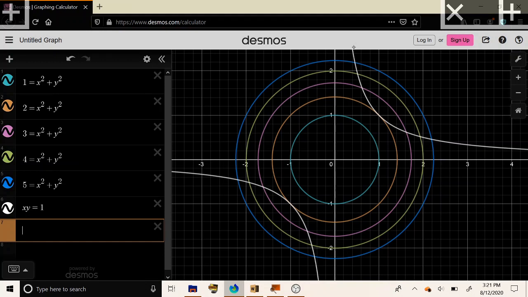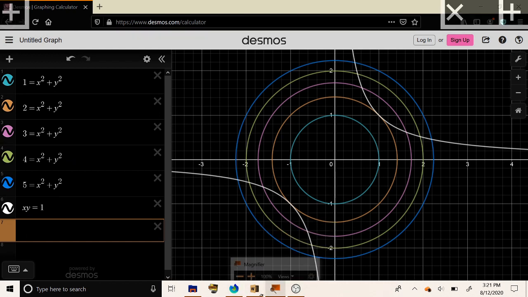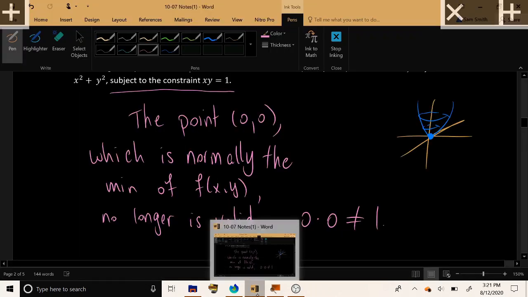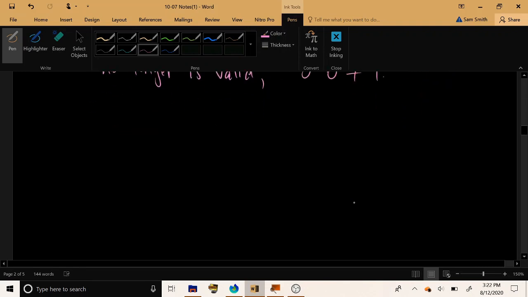The question is, among all the points on the white curve, which point or points will give me the lowest output value and which ones will give me the highest output value? So let's go ahead and develop a technique that can be used to answer this question, as well as even more complicated versions of this problem.